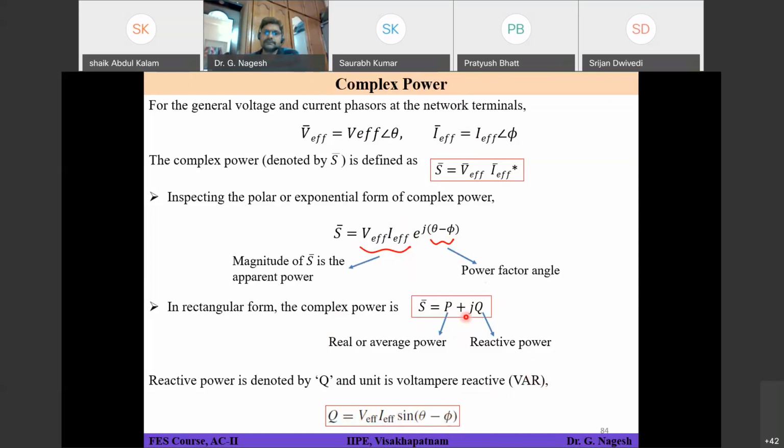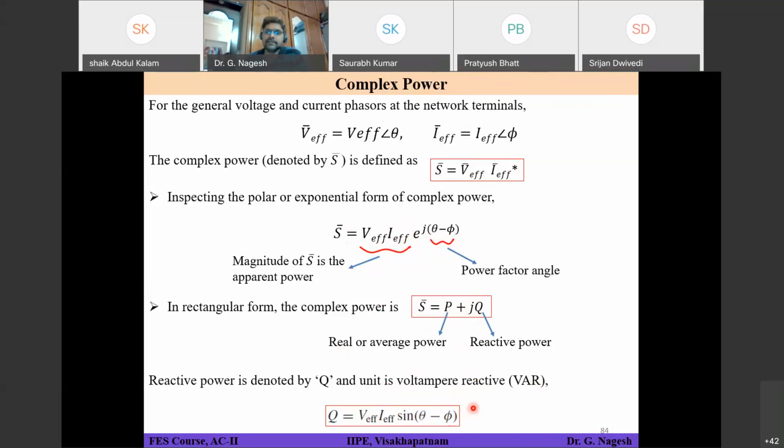So this complex power S bar we are writing in rectangular form. What will that be? V effective into I effective into cos of theta minus phi, plus j into V effective into I effective into sine of theta minus phi. That imaginary term is nothing but your reactive power Q, given by this expression, and the real power you already know, P is V effective into I effective into cos of theta minus phi.